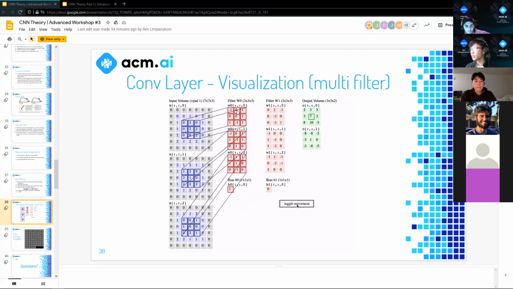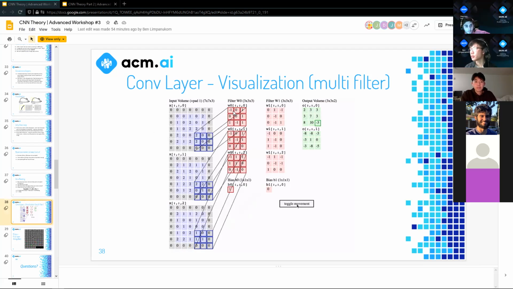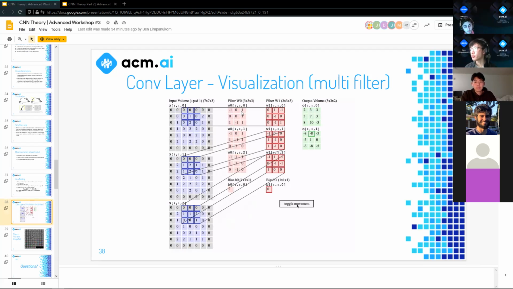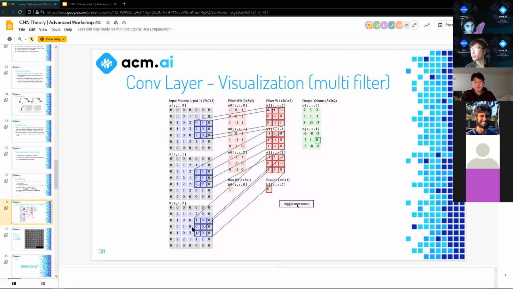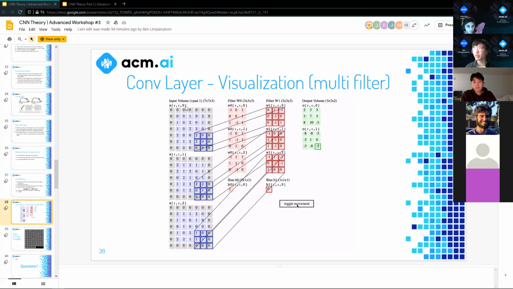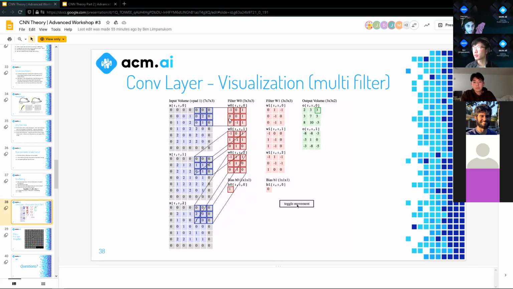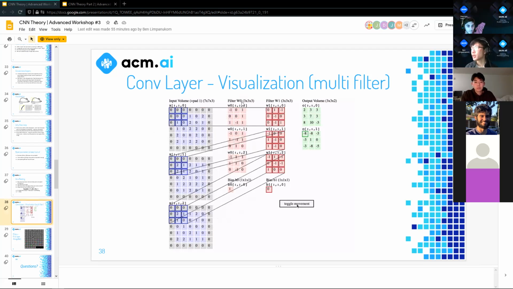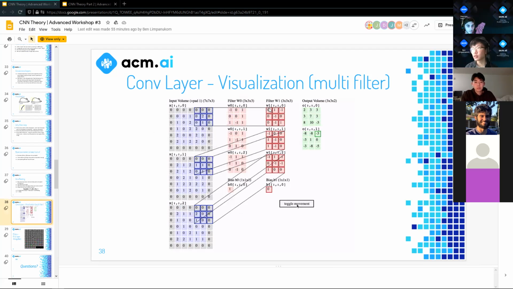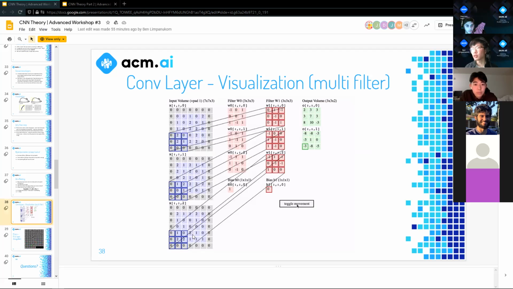Everything in this red box are the weights, and the depth comes from the depth of the input volume. So it's the dimensions of the filter, which is 3 times 3, the depth of the input volume, which is 3 in this case, so it's 3 times 3 times 3, and then the number of filters, in this case 2. So you have 2 times 3 times 3 times 3.